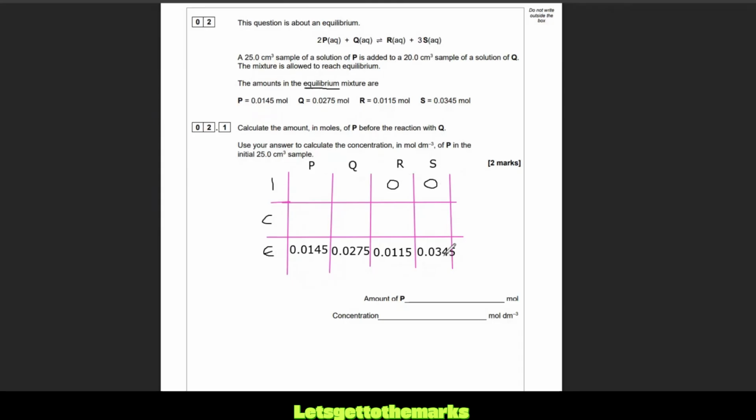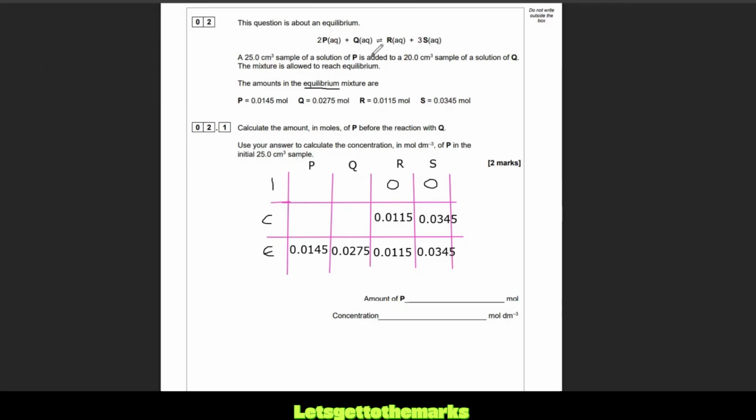From 0 to 0.0345, we know what the change is for each of these two. For S it changed by 0.0345, and for R it changed by 0.0115. So how do we work out what the change is for P and Q and therefore the initials? This is where you have to look at the coefficients.